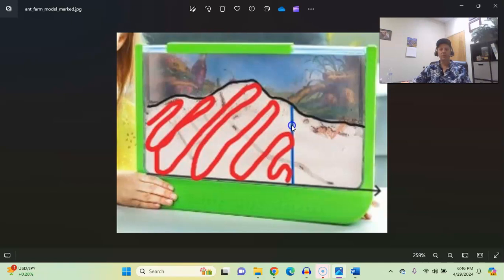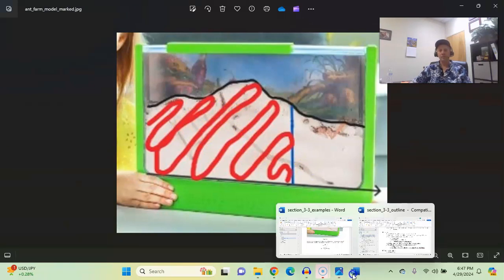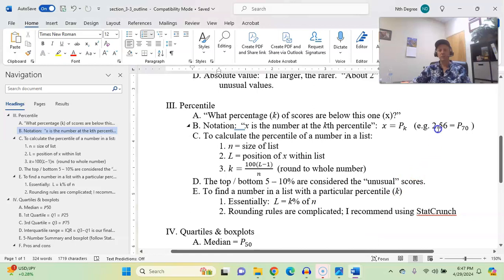And that turns out to be larger than the time for 70% of the other students. So that would place her at the 70th percentile, and we would summarize it this way: her 2.56 hours is the 70th percentile among the student group.